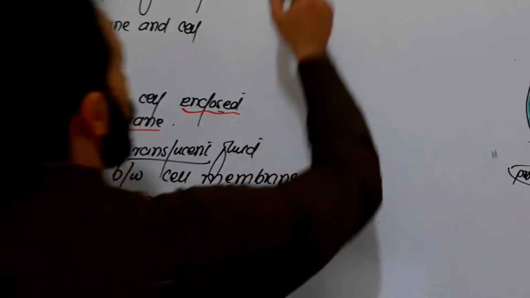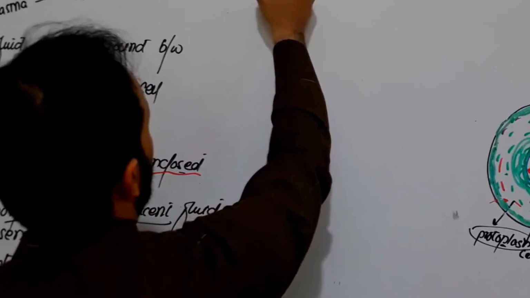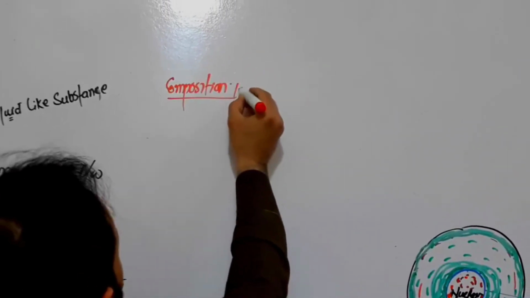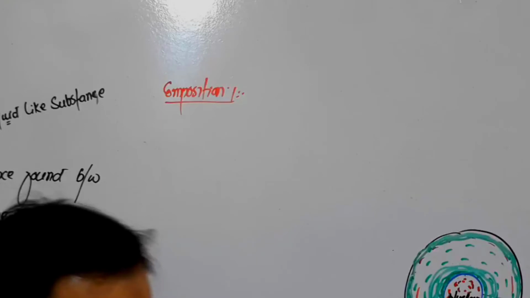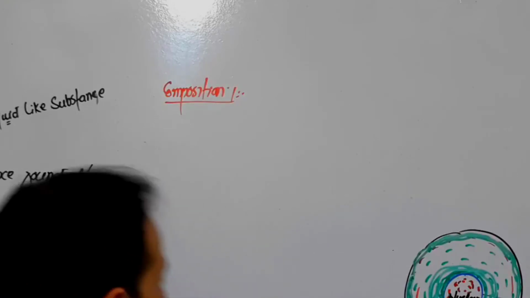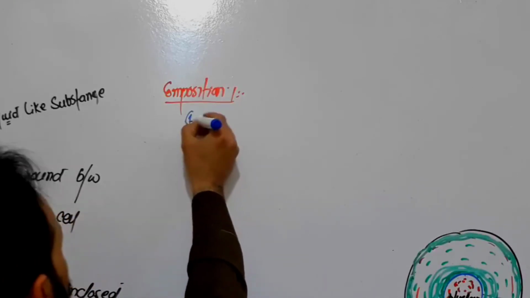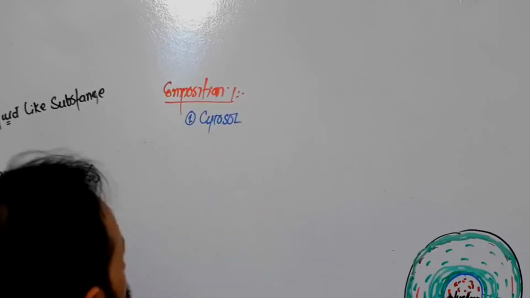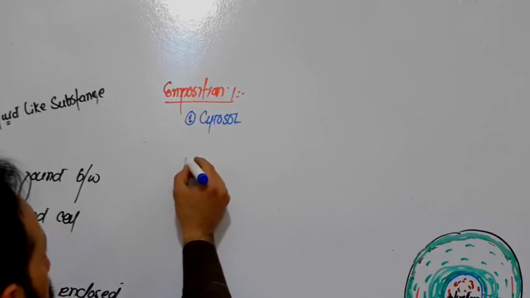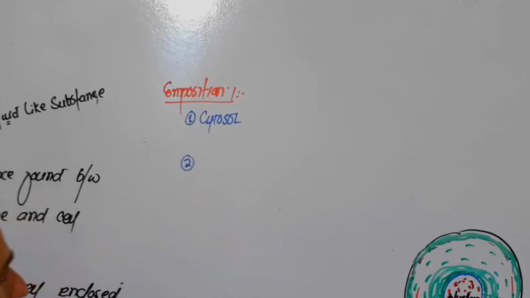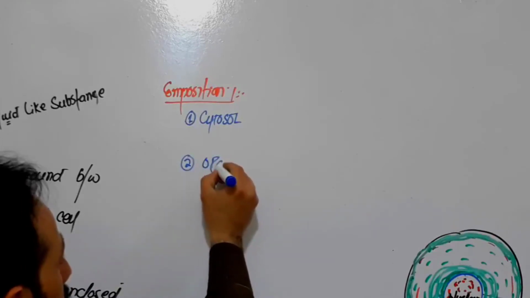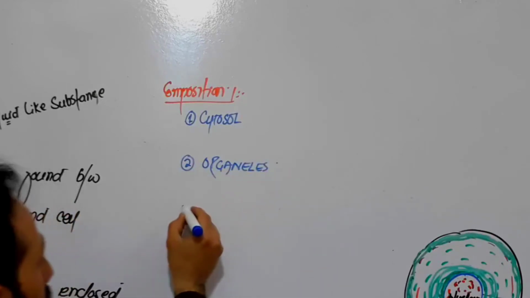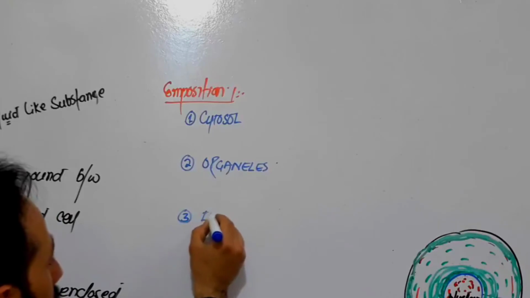And what is the composition of the cytoplasm? Cytoplasm is composed of three important things. The first one is the cytosol, number two is the organelles, and the third one is the inclusions.